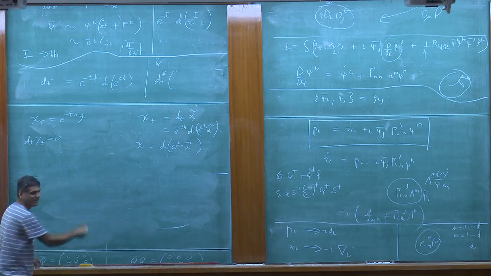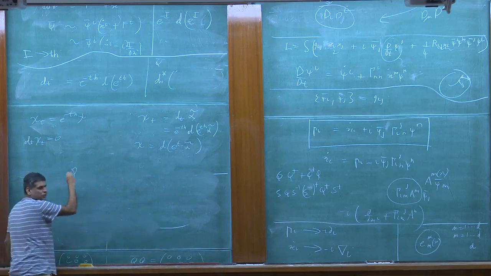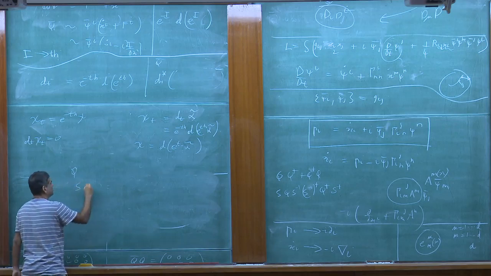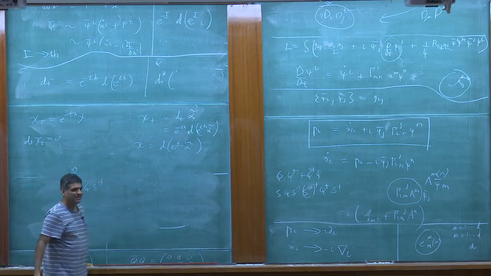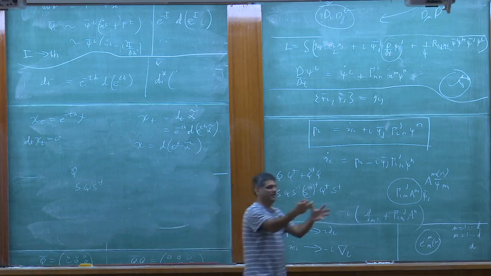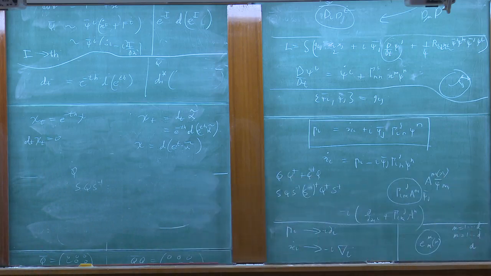Anyway, you can work it out, right? If you look at the cohomology of Q and the cohomology of S Q S inverse, it's the same because if something was annihilated by Q, then S inverse of that thing is annihilated by this object, or S of this, and so on. The same argument, basically. Okay? Excellent.